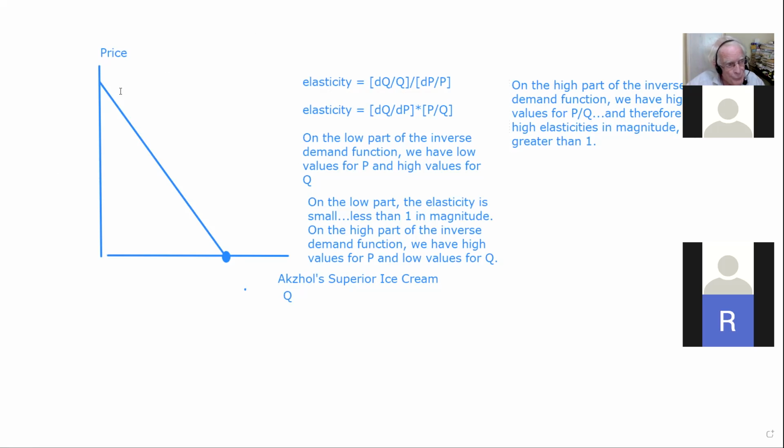Okay, so in this region, the elasticity exceeds 1 in magnitude. And in this region down here, the elasticity is less than 1.